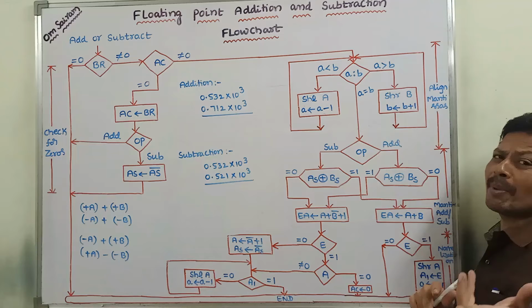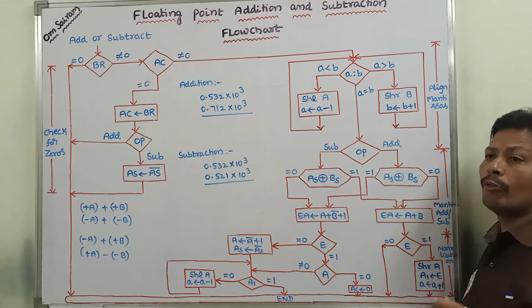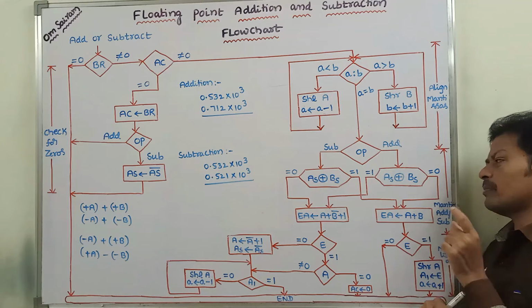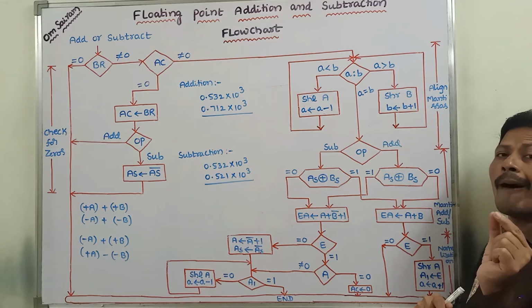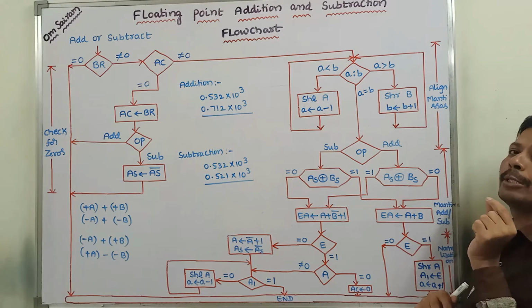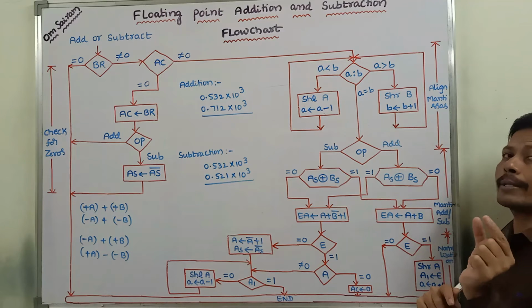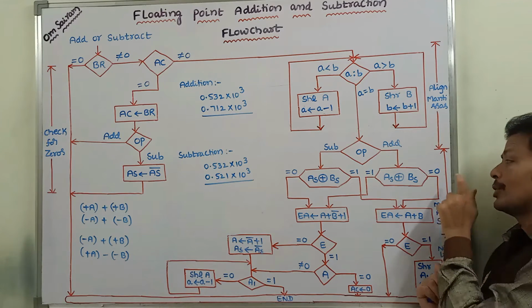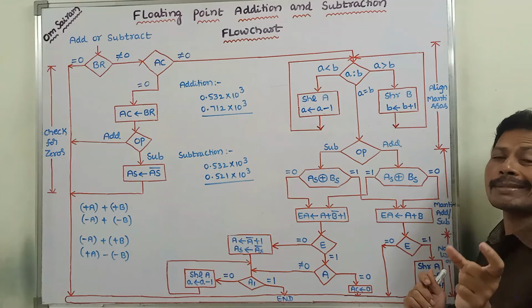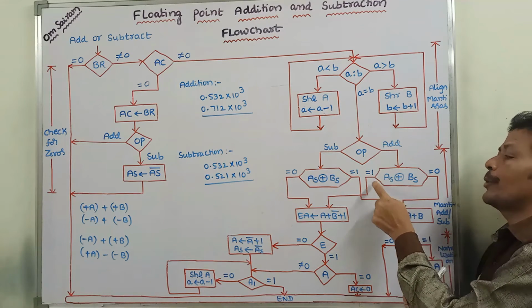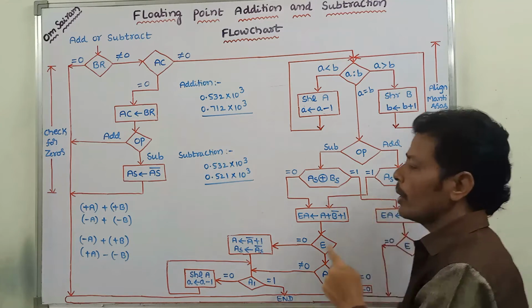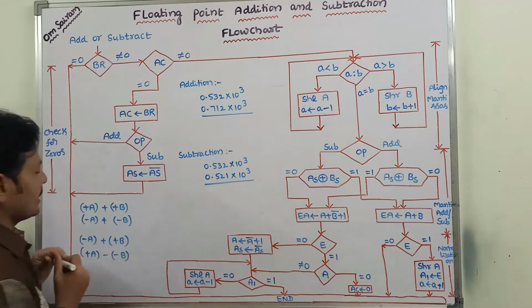So what is the speciality of the XOR gate? When both signs are same, its value is 0. When both signs are different, its value is 1. Now we have to consider these cases.